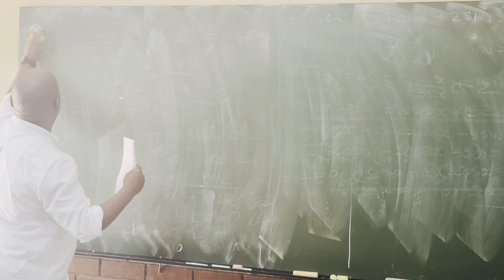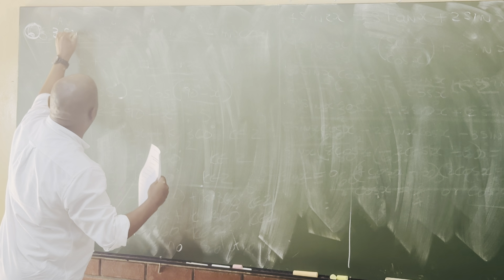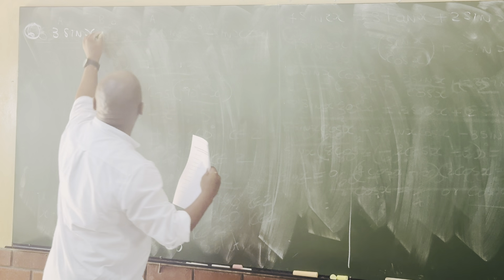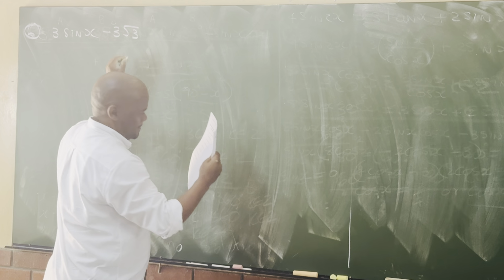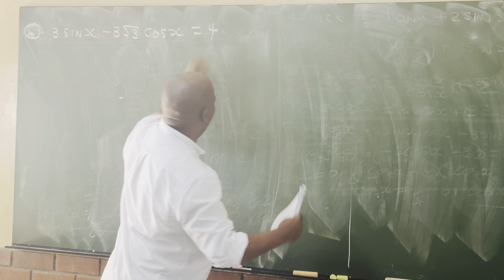Number 6, you have 3 sine x minus 3 root 3 cos x is equals to 4.